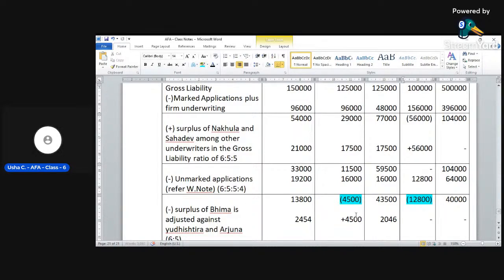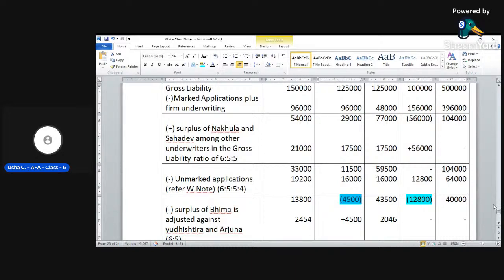See, the 4,500 rupees surplus of Bhima is adjusted only against Yudhishthira and Arjuna. Why not against Nakula and Sahadeva? Because Nakula and Sahadeva also have a surplus amount, so we cannot adjust with them.